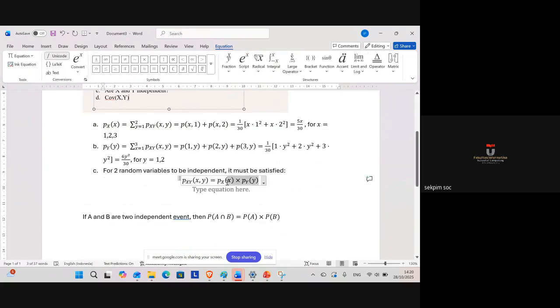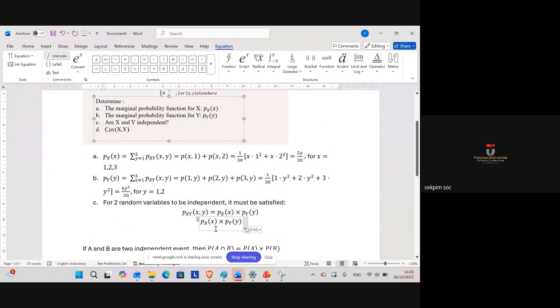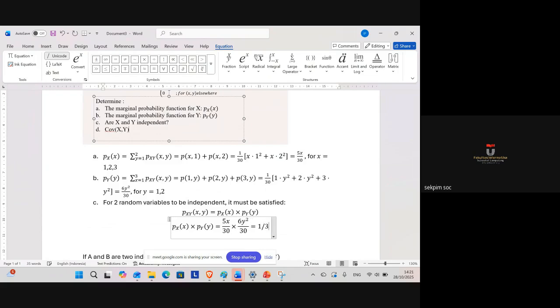Okay, so the thing that we need to check is this one. We can start from this and verify if the multiplication between these two equals this one. So this one times py, the marginal y. This is 30, right? 5 times 6 is 30, so we get 1 over 30.